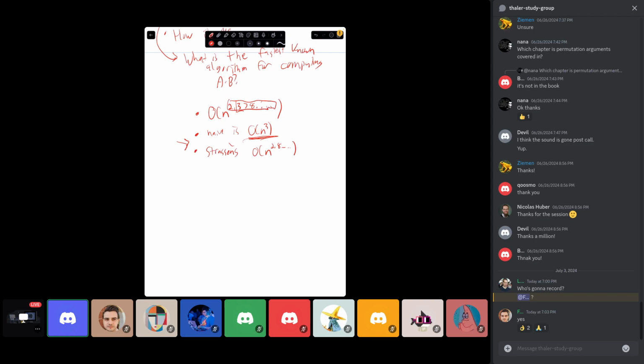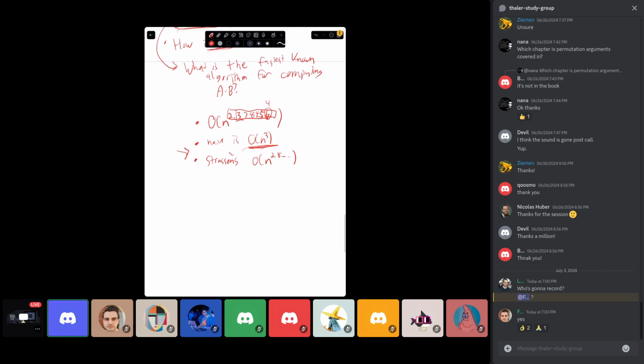If the actual exponent is like 2.378456, I'm just making up numbers, every few years this six will go down to like a four or something. Some tiny improvement, but matrix multiplication is so fundamental that computer scientists even care about a tiny improvement. And obviously the techniques used and the insights to get that improvement might be interesting.